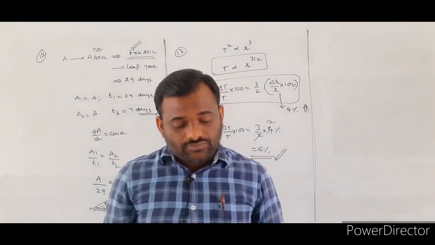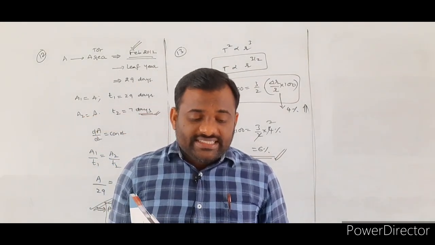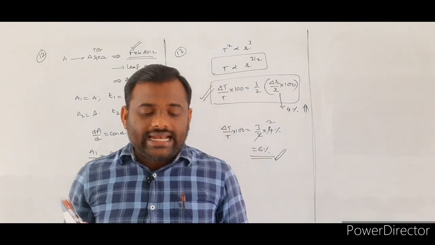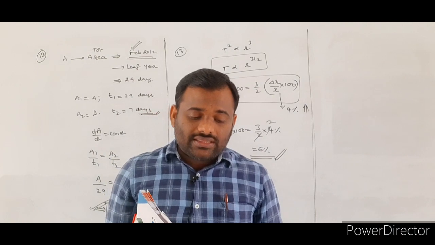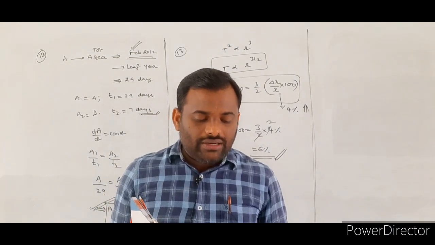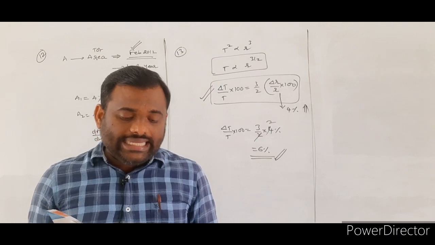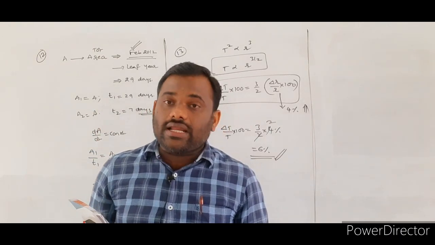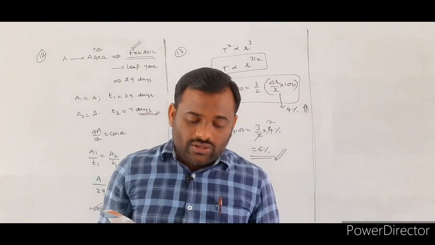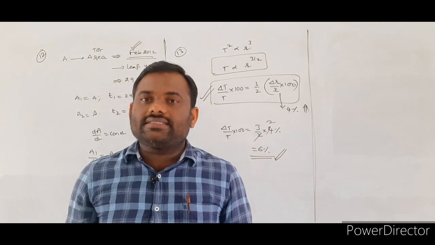Next one. Problem number 15. The distances of Neptune and Saturn from the Sun are respectively 10 power 13 and 10 power 12 meters, and their time periods are respectively given by Tn and Ts. If their orbits are circular, then the value of Tn by Ts is?